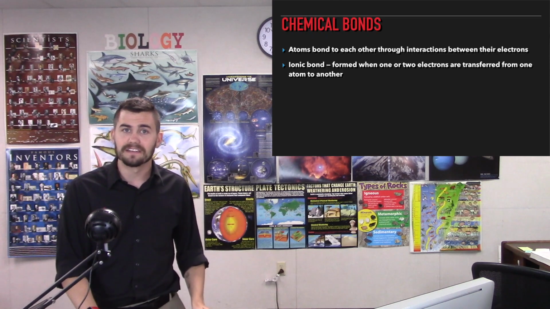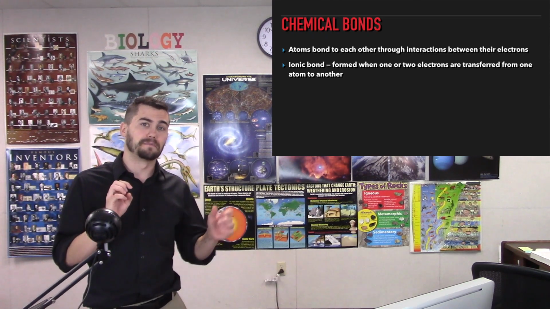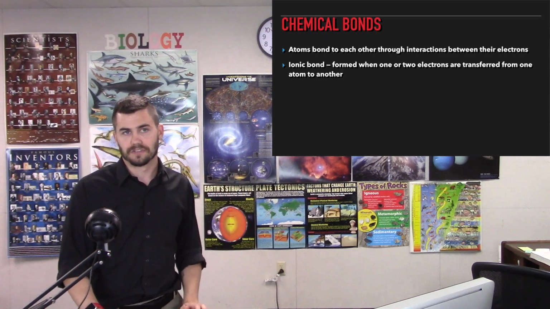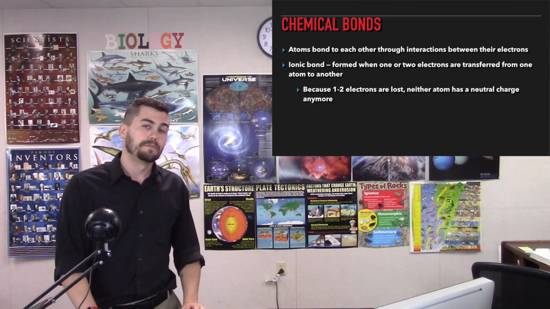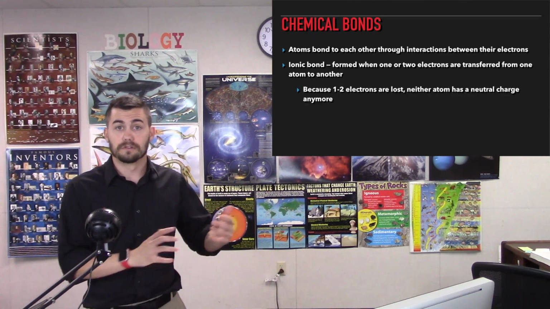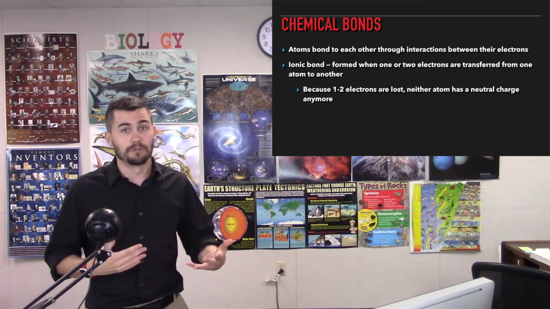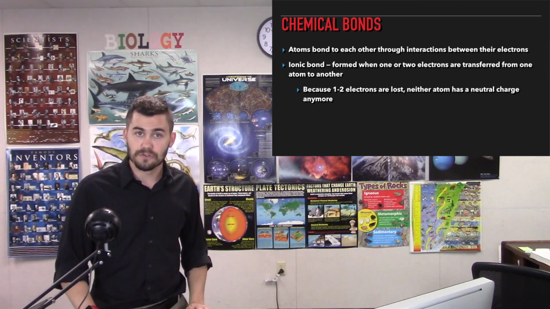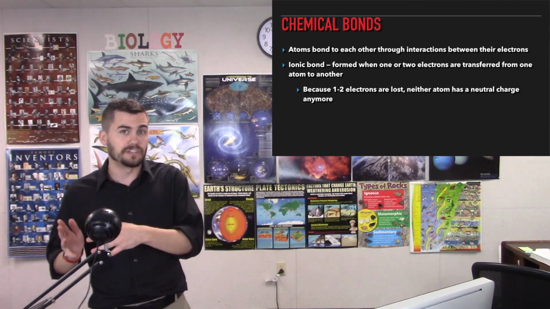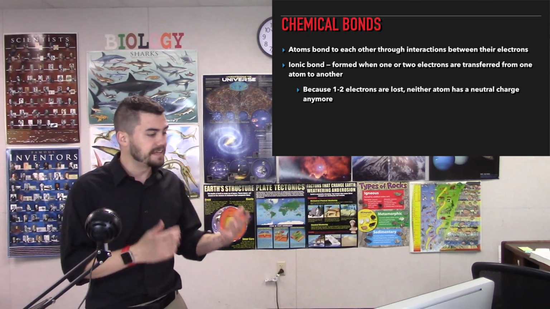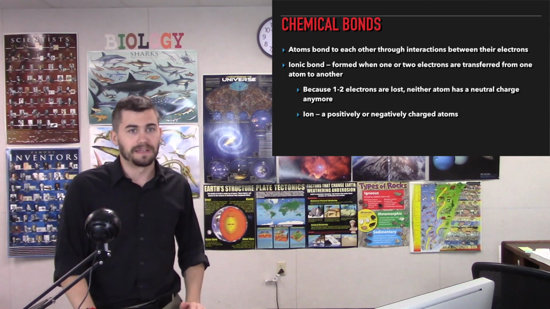So an ionic bond occurs when one atom steals one or two electrons from another atom. Now, because electrons are lost or gained, that means that now the atoms are no longer electrochemically neutral. One will become positively charged because it lost electrons, and the other will become negatively charged because it gained them.